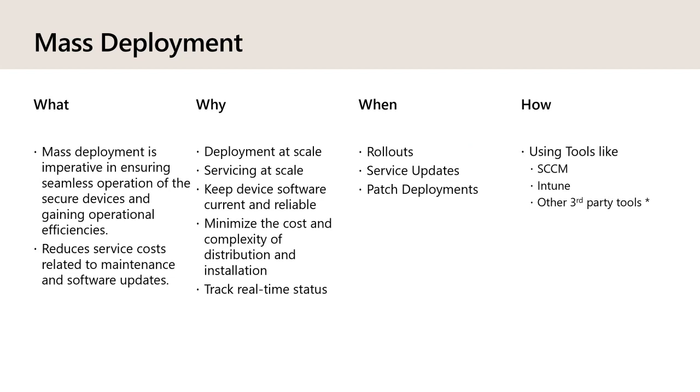Mass deployment is the biggest piece of being able to deploy at scale across entire organizations. As such, the big keys we want to focus on are reducing costs, reducing maintenance, and reducing the time to go live on a new build or a purposeful deployment.